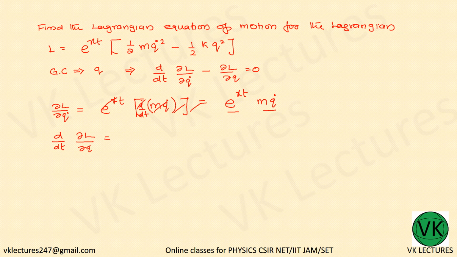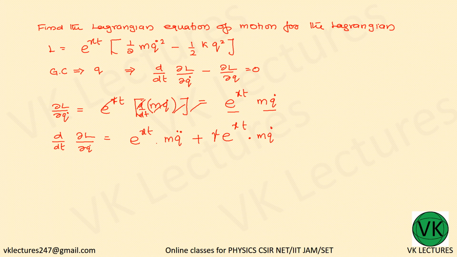Now e to the power gamma t into differentiation of mq dot is mq double dot plus differentiation of e to the power gamma t, so that is e to the power gamma t times gamma into mq dot.